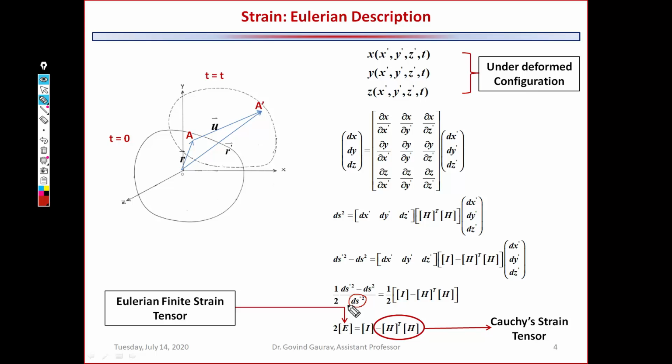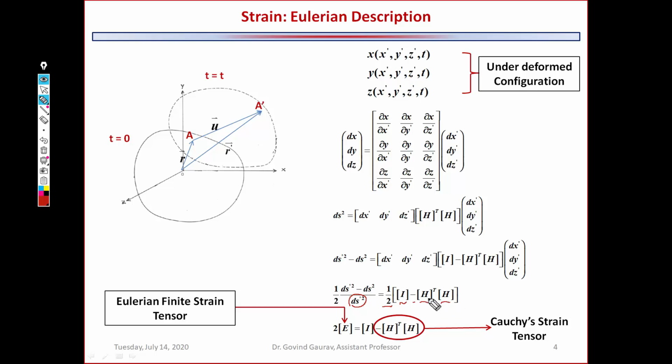This means that we are defining the strains with respect to the deformed configuration. So if we carry out the formulations, we will get ds dash square minus ds square divided by ds dash whole square is equal to 1 by 2 multiplied by the identity matrix minus H transpose multiplied by H.